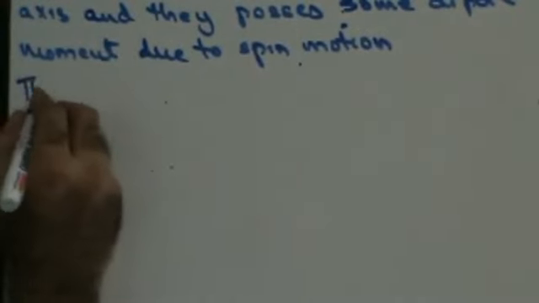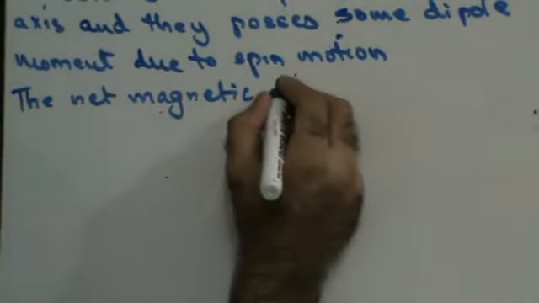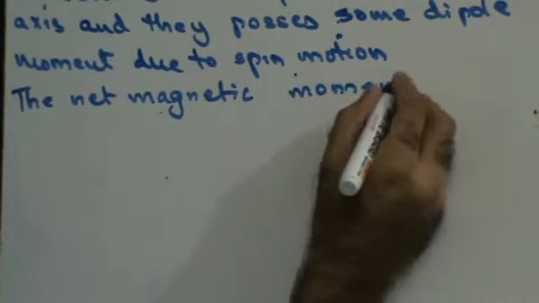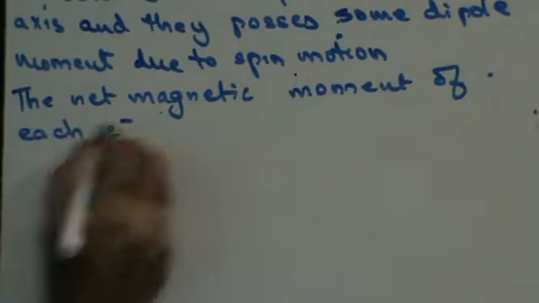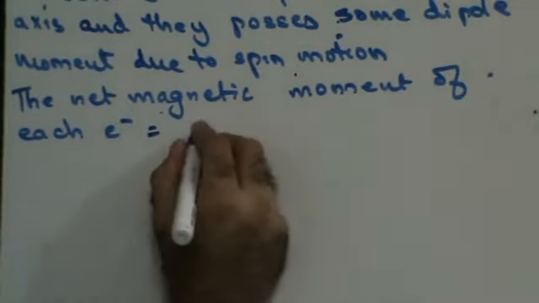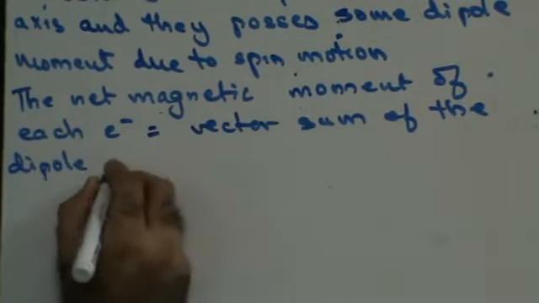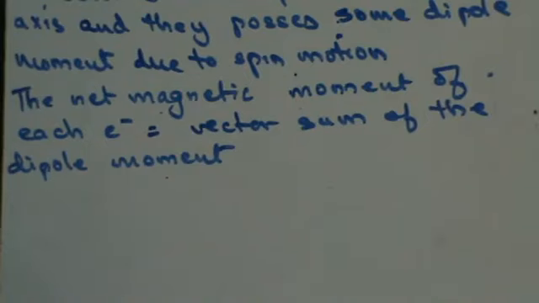The net magnetic dipole moment of each electron is equal to the vector sum of the dipole moment due to the orbital motion and the spin motion.